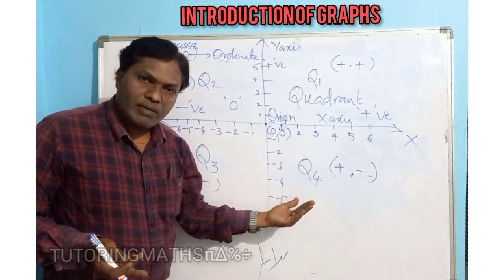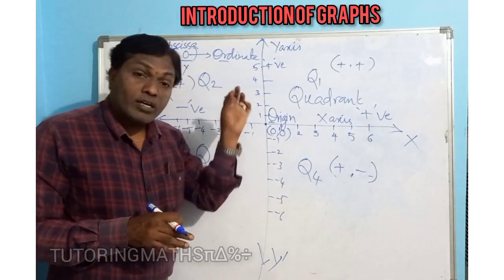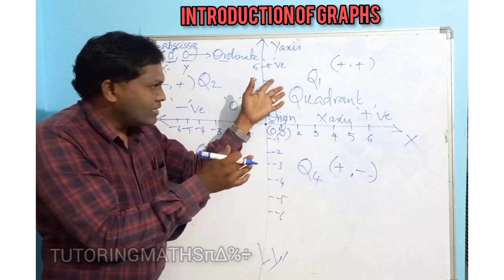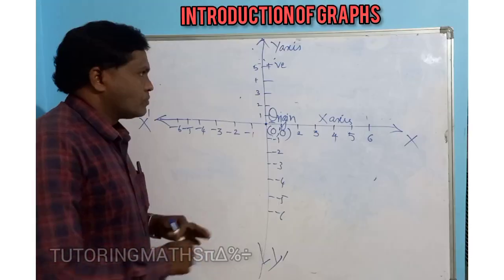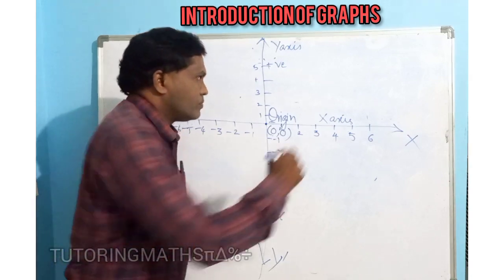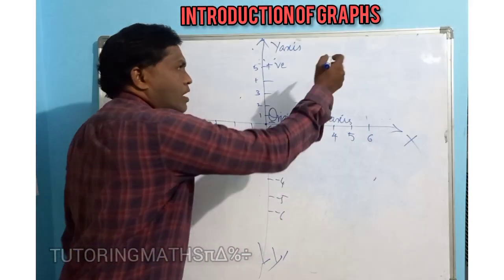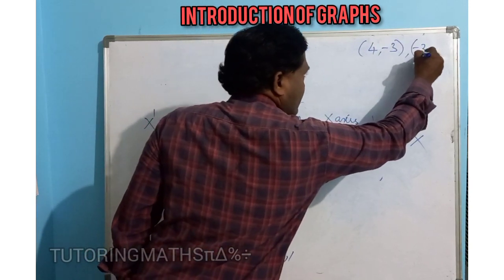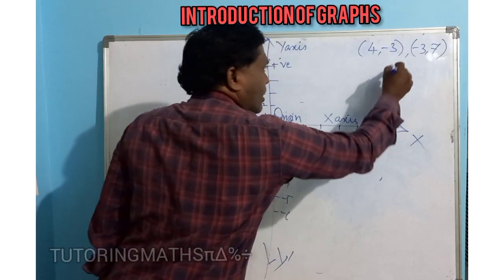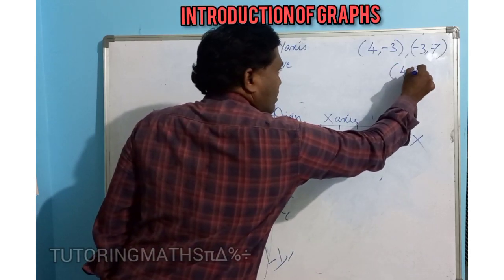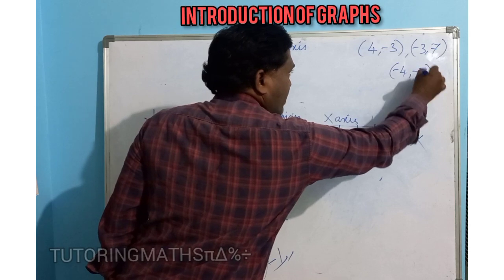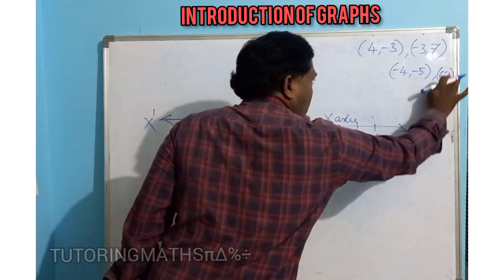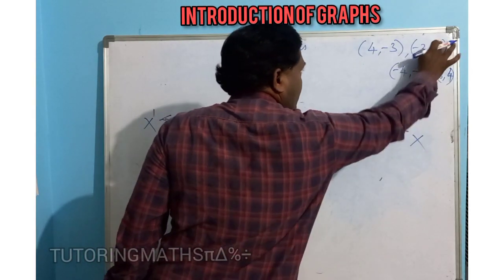In the next concept, let us see how we plot some points. Let us take some points and plot them on the graph paper. For example, let us take 4 comma minus 3, and minus 3 comma 4, and minus 4 comma minus 5, and 6 comma 4, because we have taken up to 6 only.